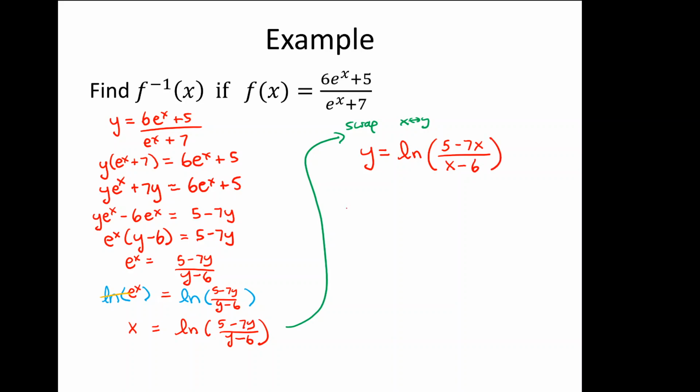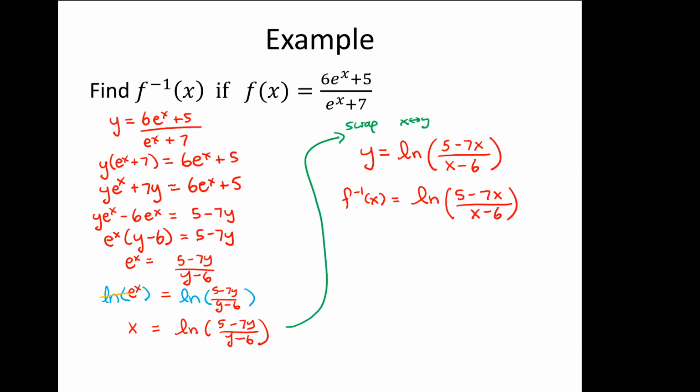And our final statement is that f inverse of x is equal to the log of 5 minus 7x over x minus 6.